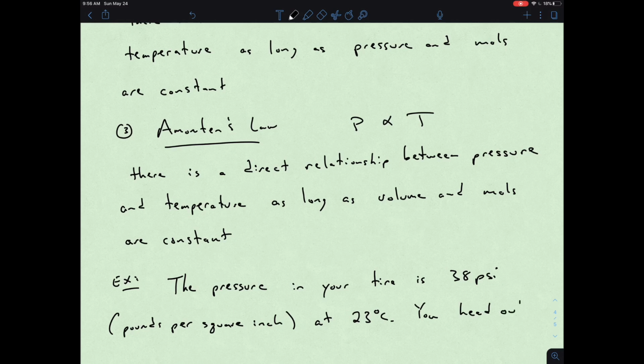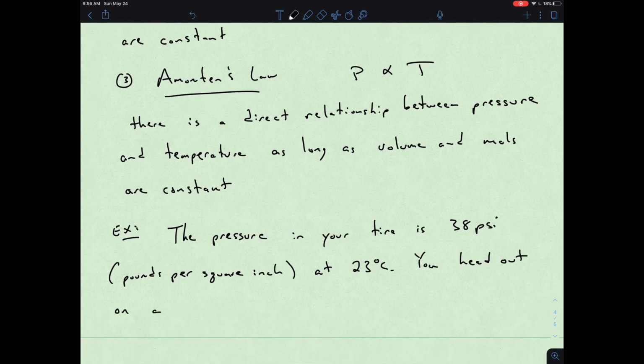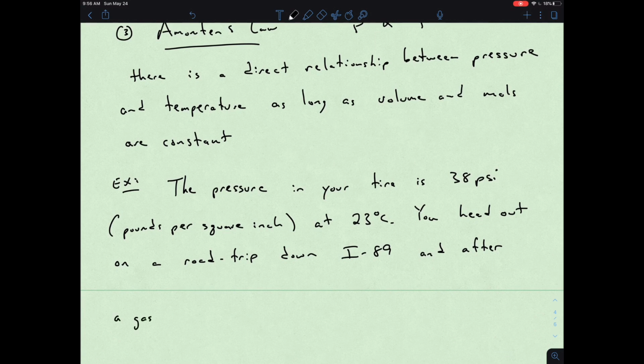And so we're going to head out, or you head out, on a road trip down I-89. And basically after a gas fill-up, your tire pressure is now 44 psi.